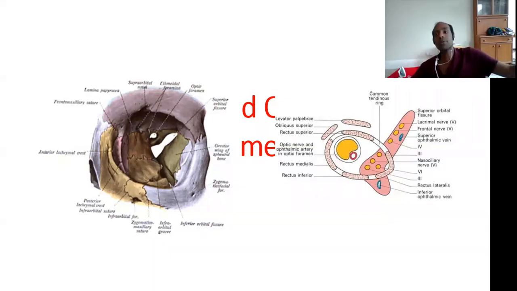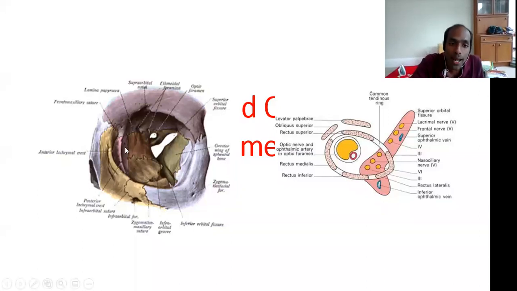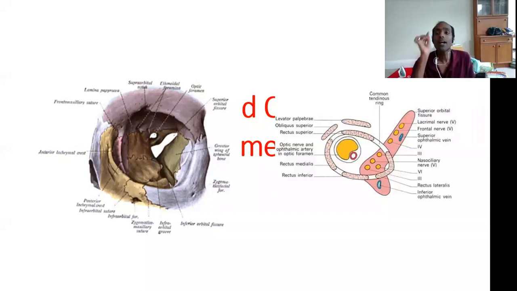There is no trigeminal nerve anymore. What is the nerve which is in close relationship? It is the optic nerve. So if there is a lesion in the orbital apex, you again get complete ophthalmoplegia because 3, 4, 6 all are gone. And what else are you going to get? Low visual acuity on that side.